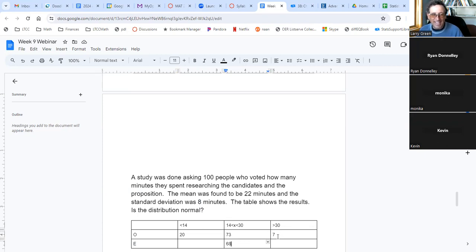I think the easiest way of looking at the other two sides is if there were 68 within one standard deviation, then there were 100 minus 68, which is 32, outside one standard deviation. And it is even on both sides, so half of 32 is 16. So that's going to be 16 on the left, 16 on the right. Any questions on that?